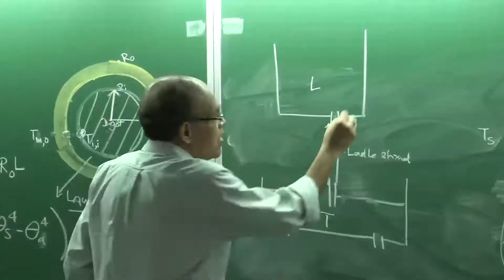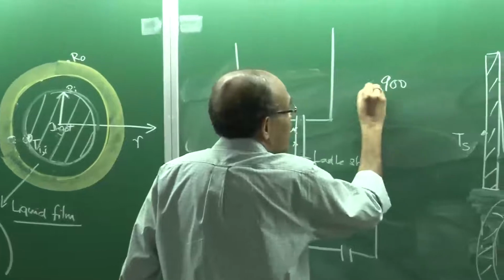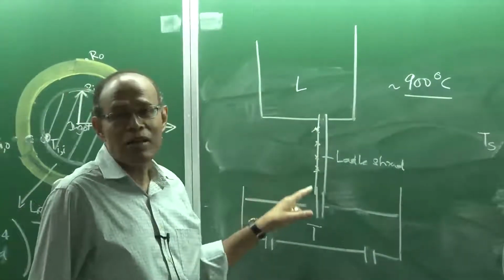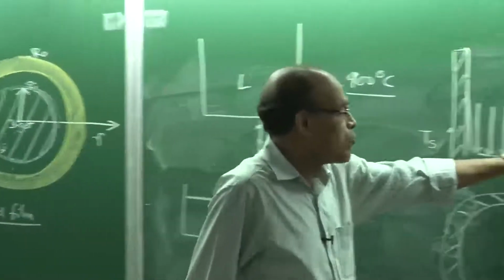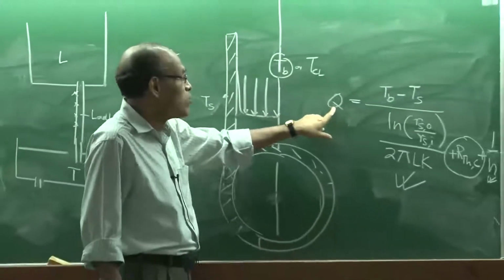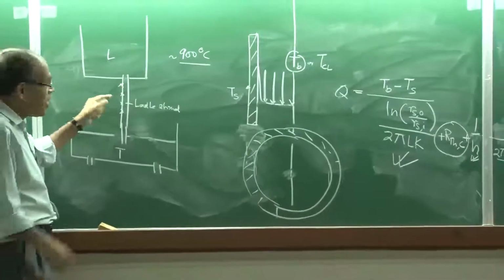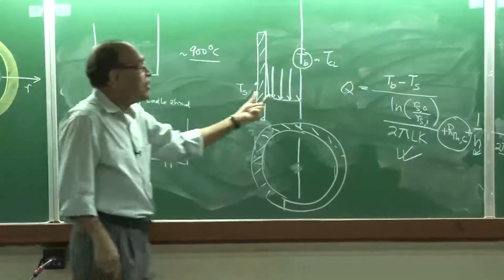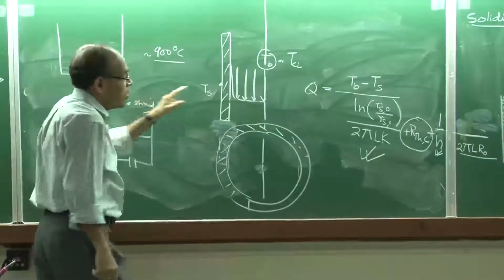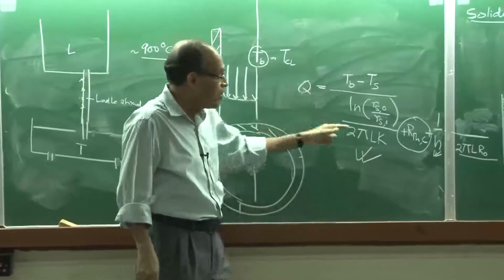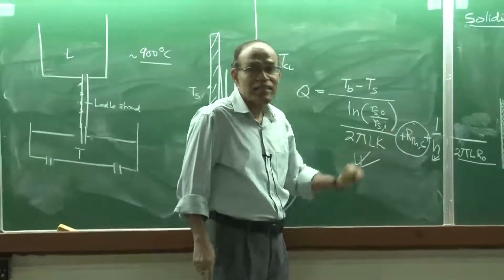This shroud wall temperature is always approximately 900 degrees centigrade, which essentially tells us that the flux is going to be radiation flux. So if you take this to be the radiation flux, corresponding to the shroud temperature in the absolute scale multiplied by the external surface area, then by measuring the temperature, the net rate of heat transport can be calculated, and that will allow us to measure the thermal contact resistance.